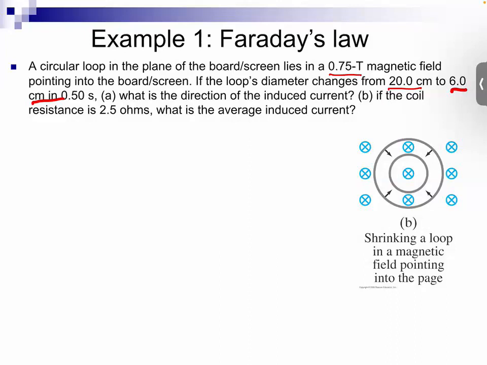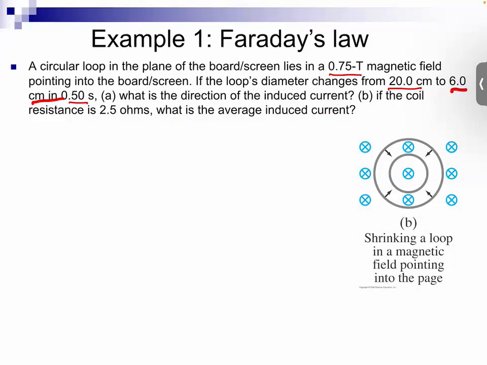When the loop decreases, the number of field lines crossing the loop also decreases. So, for example, from an original 5 magnetic field lines, it decreases to 4 magnetic field lines, and the decrease occurs in 0.5 seconds. What's the direction of the induced current? And then what is the value of the induced current?